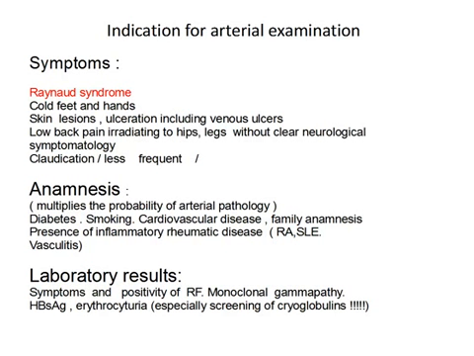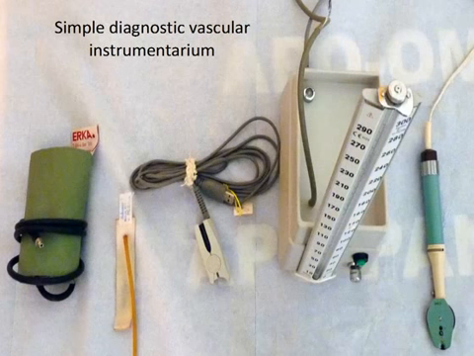Raynaud syndrome with laboratory findings of monoclonal gammopathy, positivity of rheumatoid factor, erythrocyturia, elevation of ESR, and cold sensitivity should always be assessed for cryoglobulins.